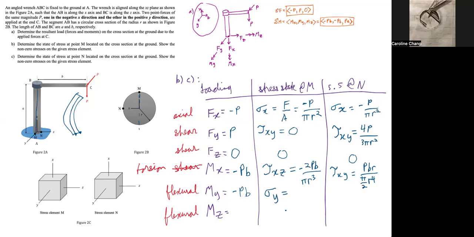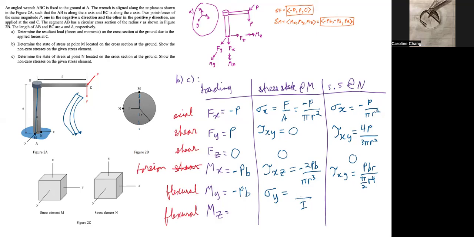And thus, there is going to be no stress there since sigma y is given by My over I. And the negative means it's under compression. So we will look at the diagram to determine whether it's under compression or tension. That's the better method.